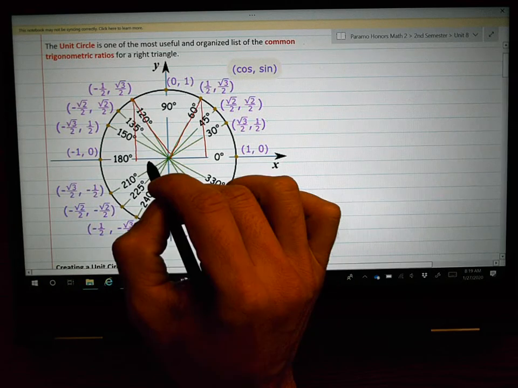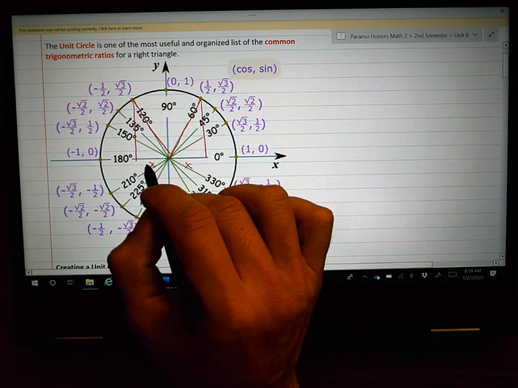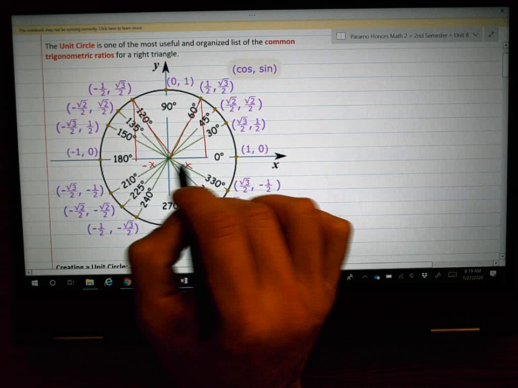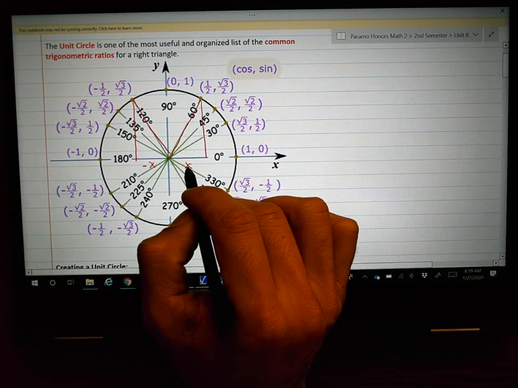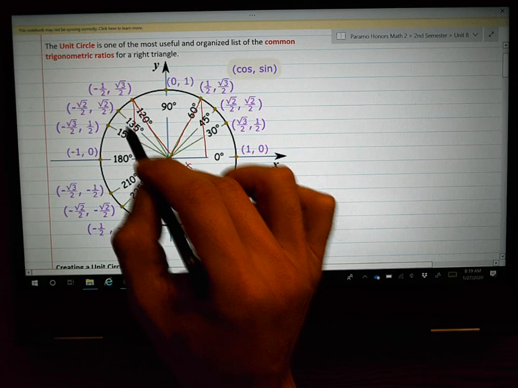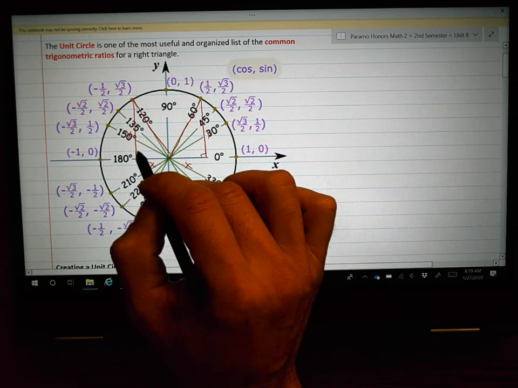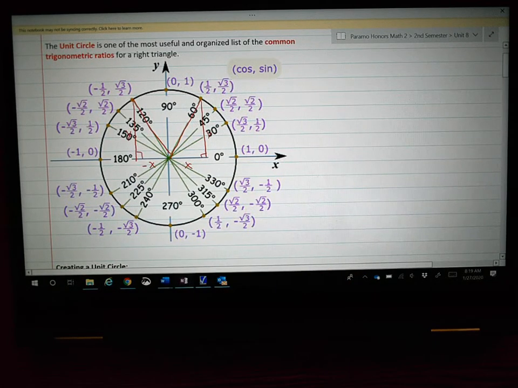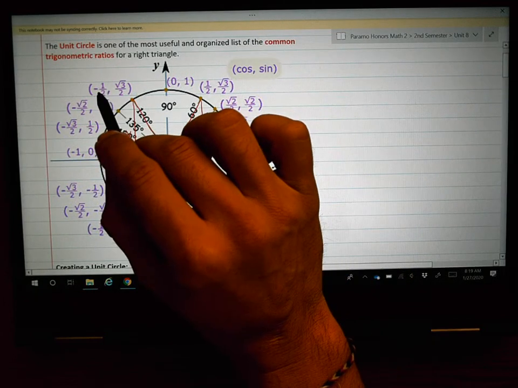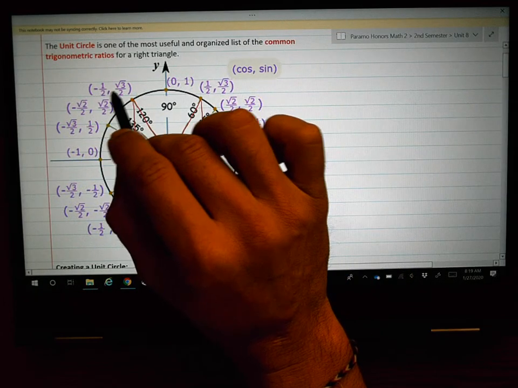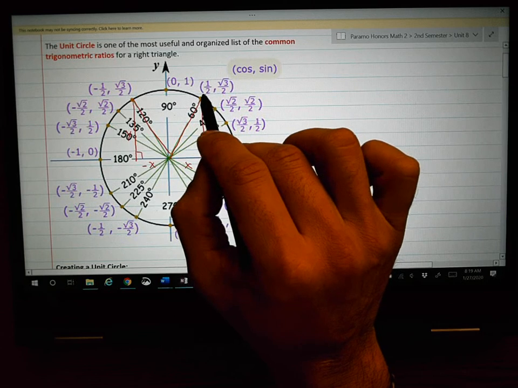So the x component is just a negative x, whereas the x component for the 60 degrees is a positive x. But the y component is the same distance up. Remember that x, that y, and the r? This is what we're talking about. The only difference is there's a negative 1/2, root 3 over 2, and this is a positive 1/2, root 3 over 2.